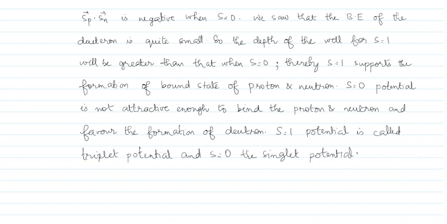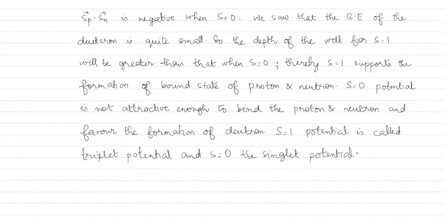Whereas when S equal to 1, the depth of the well is sufficient to hold the deuteron as a bound system. Since the binding energy is small, when the well depth is small, the proton and neutron escape from the well. They are not bound together and they move like free particles.